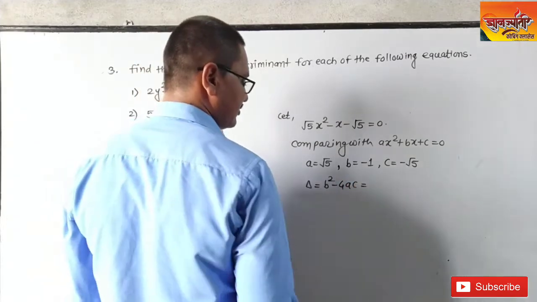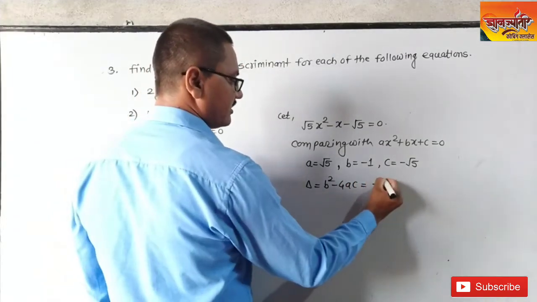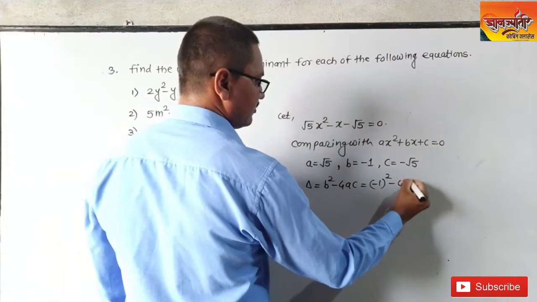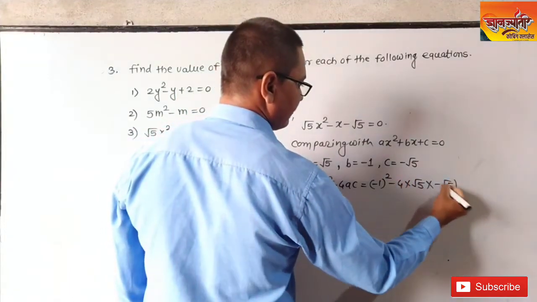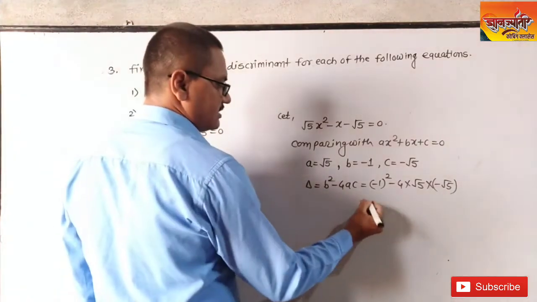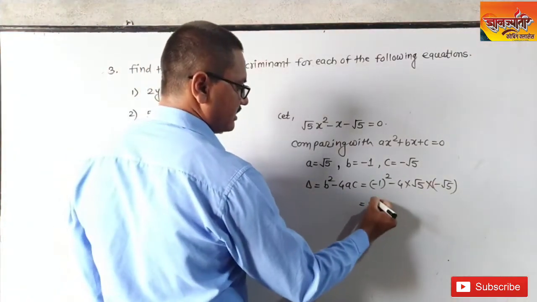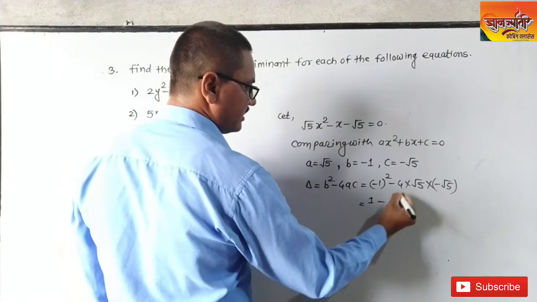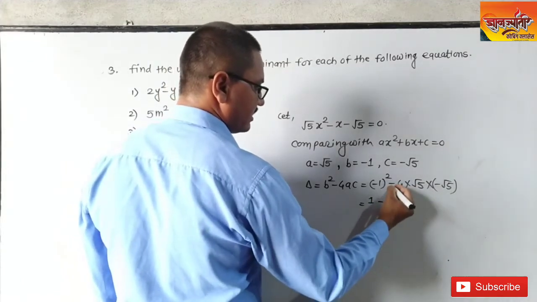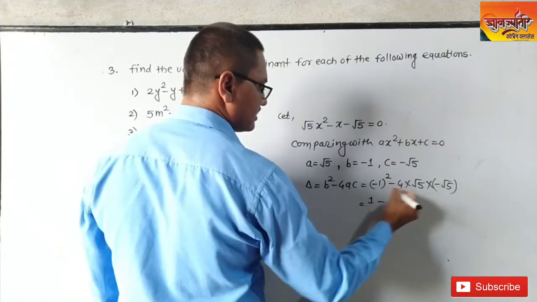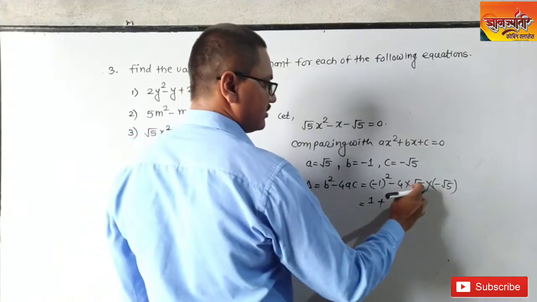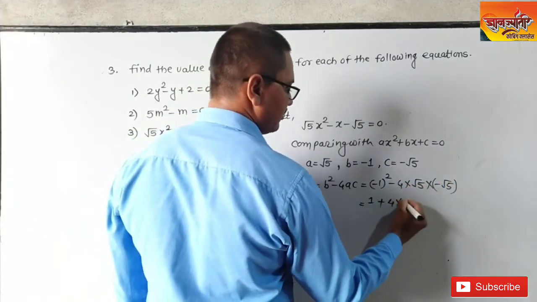After substituting all these values: minus 1 square minus 4 into root 5 into minus root 5. After simplifying, minus 1 square will be 1, minus 4 multiplied. First we multiply all the terms: minus minus becomes plus, 4 into root 5 into root 5 means 4 into 5.